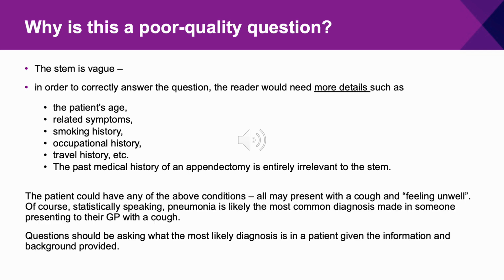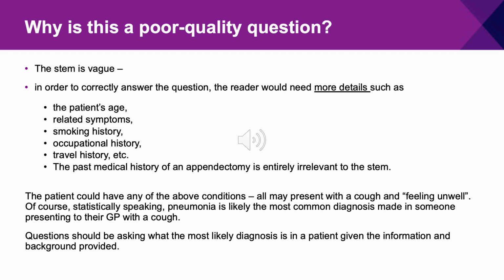And now, let us together try to figure out why this is a poor or low quality question. The stem is vague. The reader would need more details, such as patient age, related symptoms, smoking history, occupational history, travel history. And this past medical history of appendectomy was irrelevant. So the patient could have any of the 5 conditions given.